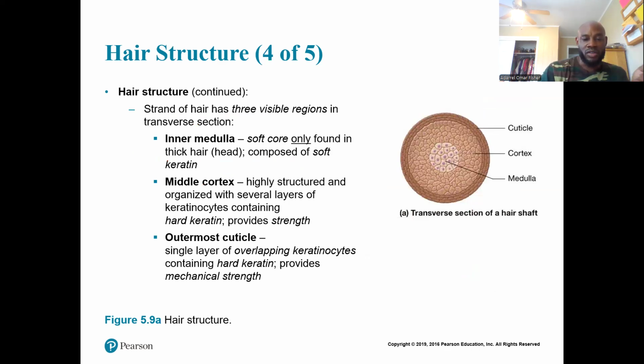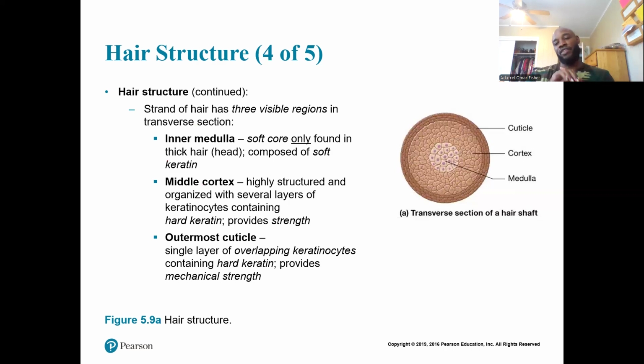I talked about, you saw this on the diagram, you have this inner medulla, a soft core only found in the thick hair on the head, composed of soft keratin. Then you have this cortex, highly structured and organized, several layers of keratinocytes containing hard keratin. And then you have the outermost cuticle.